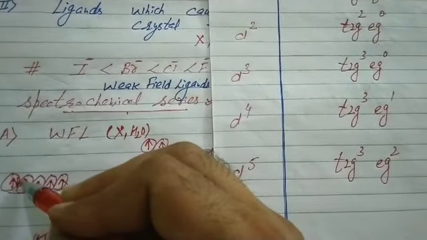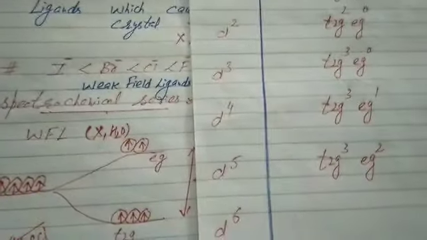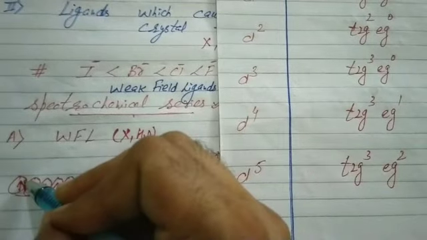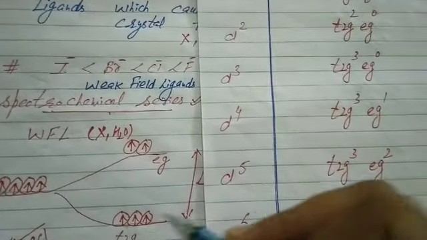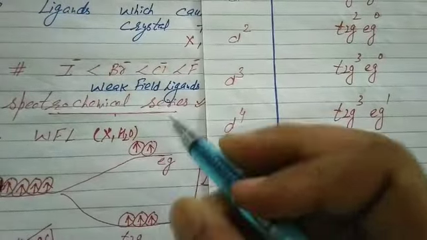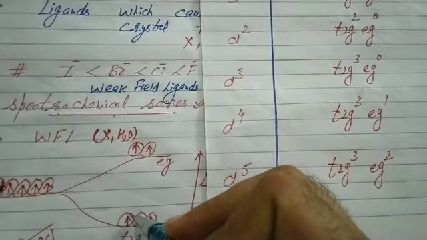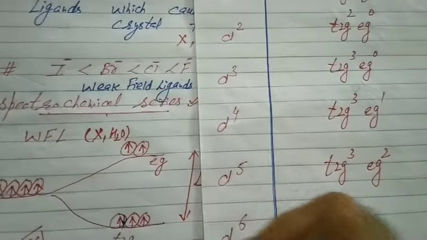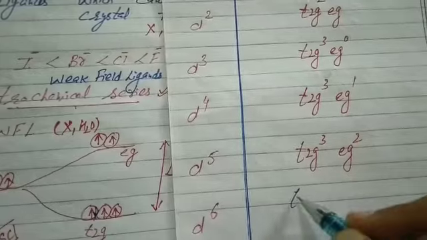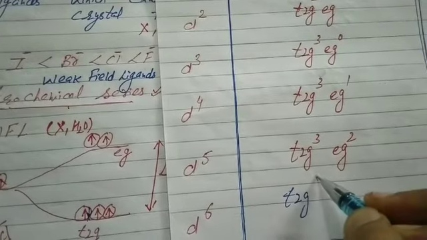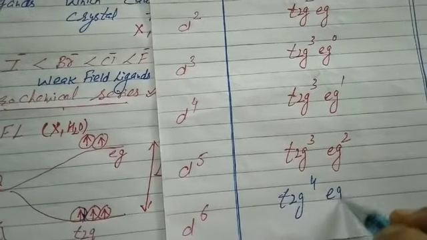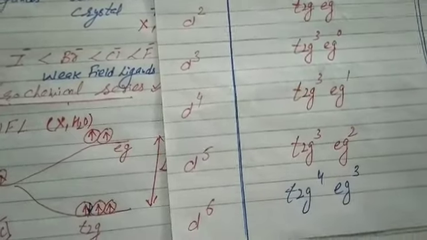d6. It is your 6th electron, I am going to do it with the blue pen. That is, pairing starts: 1, 2, 3, 4, 5. After the 5th electron in weak field, pairing starts. What's the possible configuration? t2g4, eg2.